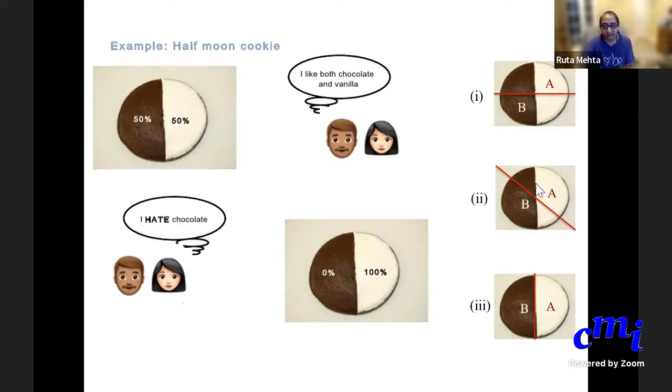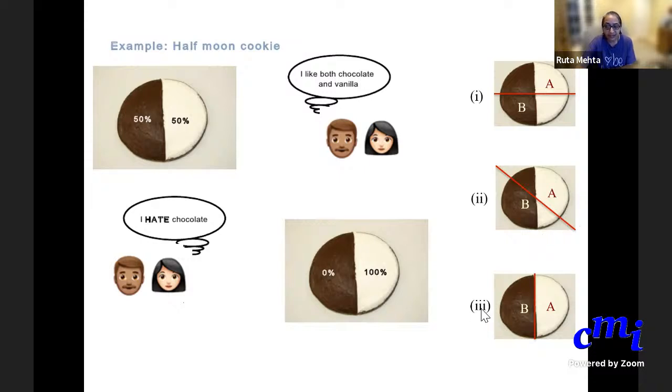Is two fair? If you ask both of them individually, are they happy with their part, or do they want the other's part? They would say they are happy. Raj is indifferent, so he just wants half of the cookie in any manner. And Geeta is happier because she gets more vanilla, which she likes more.